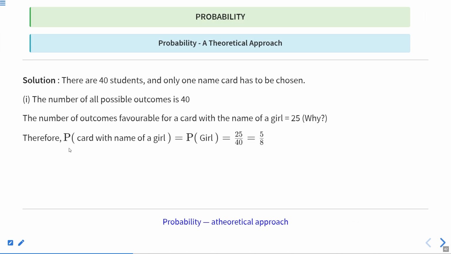The number of all possible outcomes is 40, and the number of outcomes favorable for a card with the name of a girl is 25, since there are 25 girls in the class. Therefore the probability of a card with the name of a girl, that is the probability of girl, is equal to 25 by 40, and this is equal to 5 by 8.